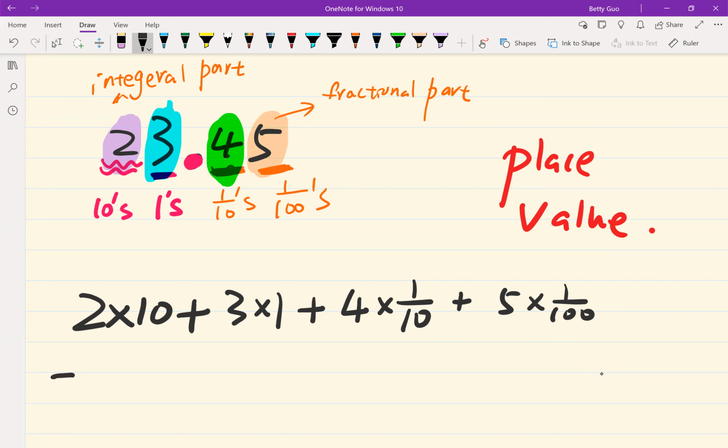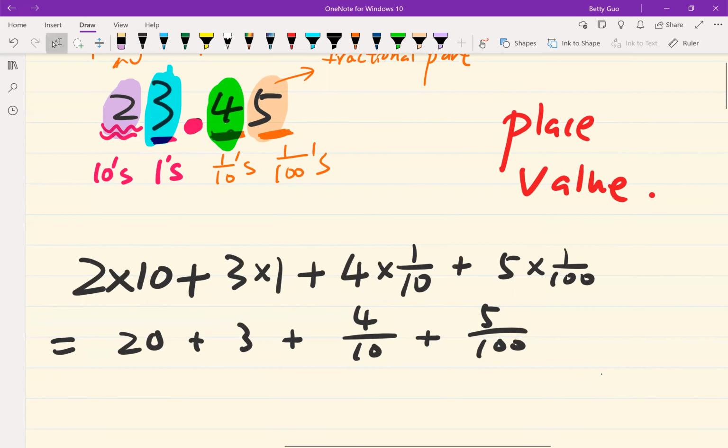So we can keep going to evaluate this fraction. So this is 20, this is 3, this is 4/10, this is 5/100, right? And then you find the least common multiple of the denominators. What's the least common multiple of those denominators? You can see this as 20/1.